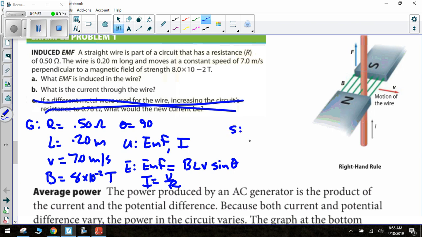Okay, solve. I got EMF equals B, which is 8 times 10 to the negative 2, times L, which is 0.2, times V, which was 7, times sine theta, which is going to be 1.